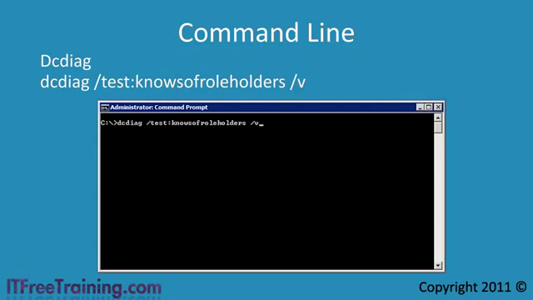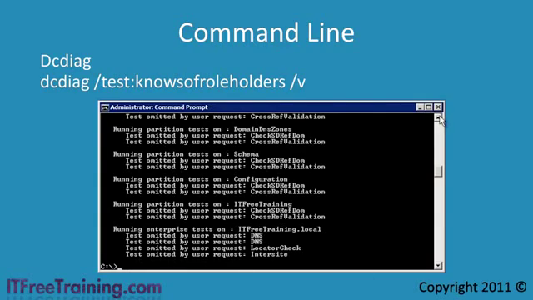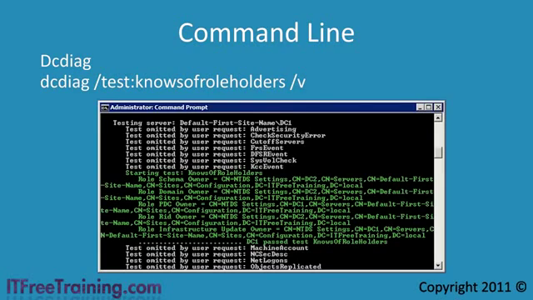I have added the /v switch for verbose to give us additional information. If I scroll up, listed here are all 5 of the Operation Master roles and which domain controllers they are currently located on. This concludes how to move Operation Master roles around in Active Directory.